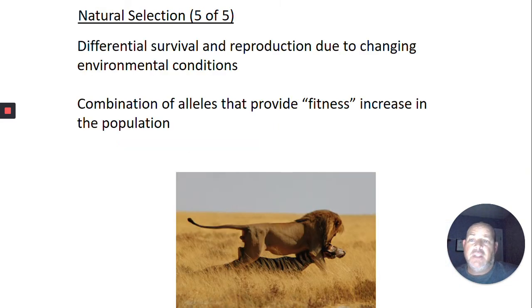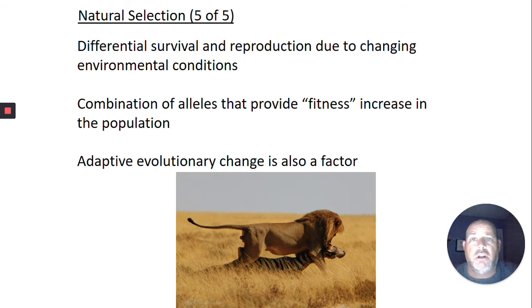And then natural selection, you guys are hopefully pretty familiar with by now. I think it's an interesting way to phrase it up here at the top: differential survival and reproduction due to changing environmental conditions. It's actually pretty accurate. It's just a different way to say it. Things survive at a different rate based on what's going on and how their environmental conditions are favorable or unfavorable.